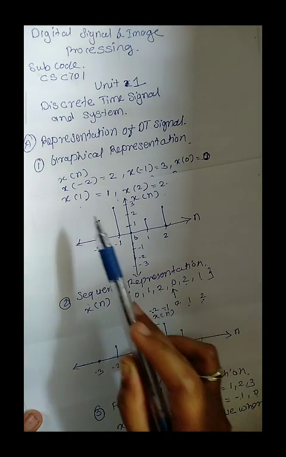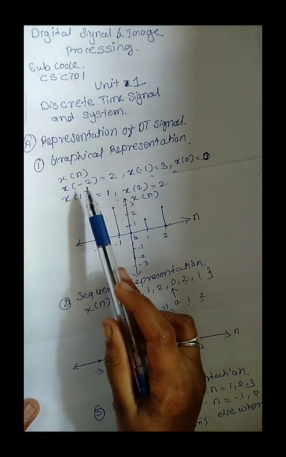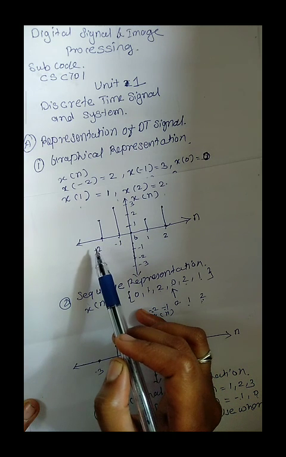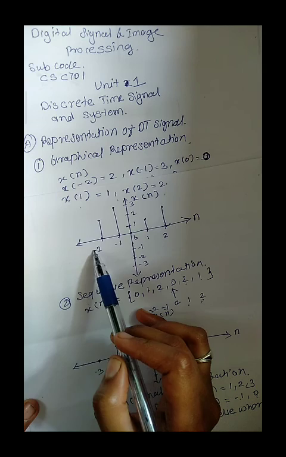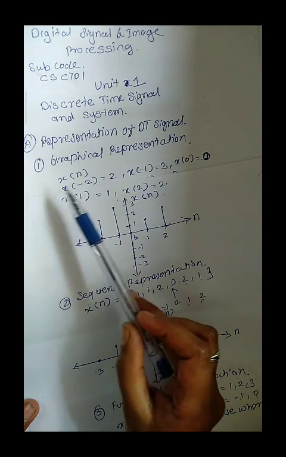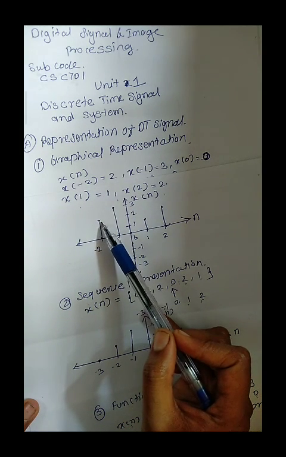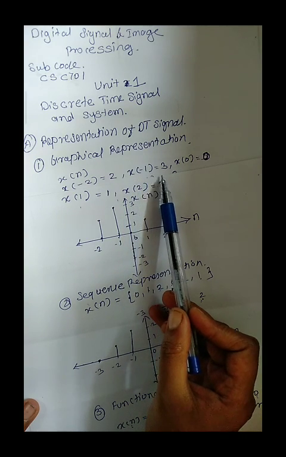Value of x of minus 2 means the value of n is minus 2. Going 0, minus 1, minus 2, the value of n is minus 2, and the value of x of n, that is x of minus 2, is 2. This is 2. Then next, x of minus 1 is equal to 3.